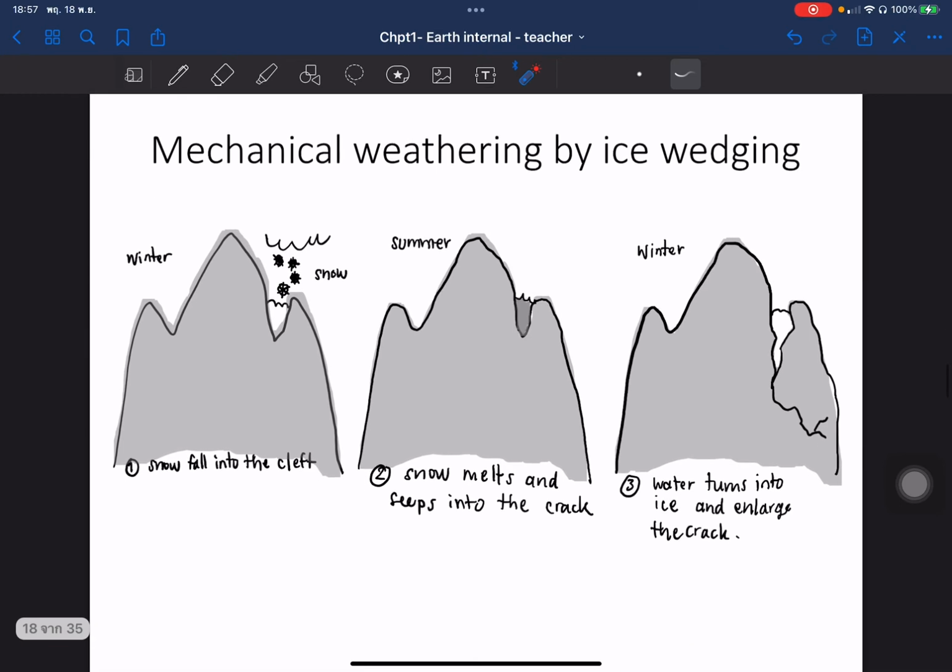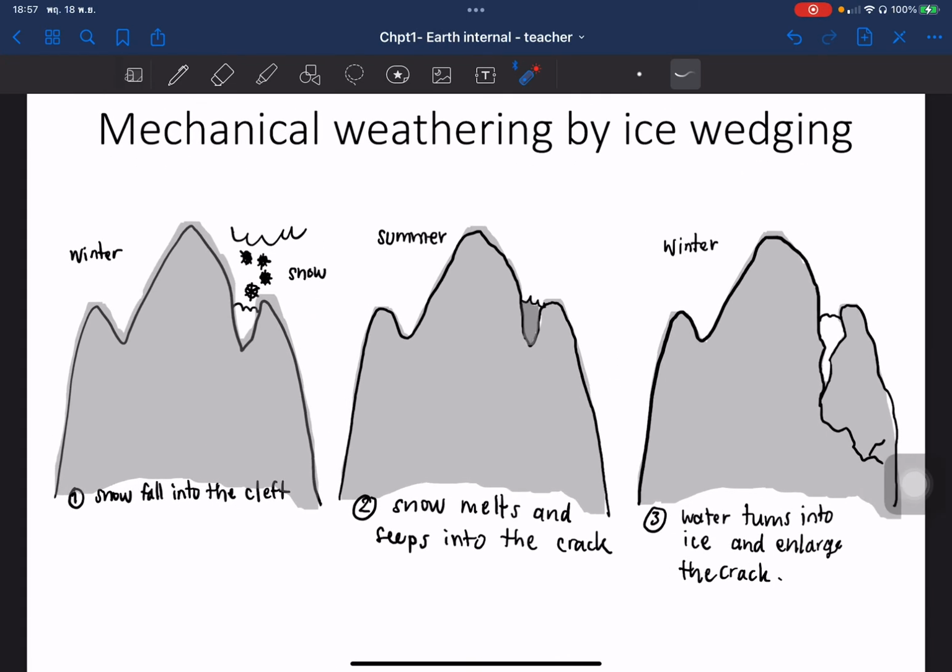Okay, the first one is mechanical weathering by ice wedging. This occurs in very high land where we have snow. When a snowflake gets into the crack of the rock during the winter time, and after that, when it turns to summer, the snow turns to water.